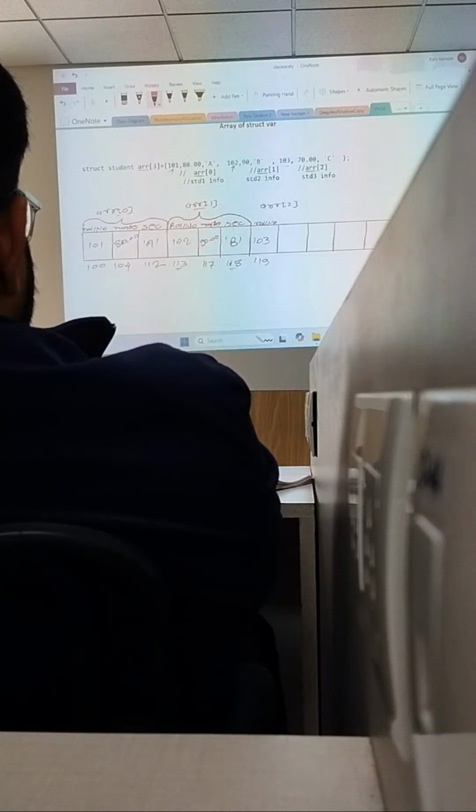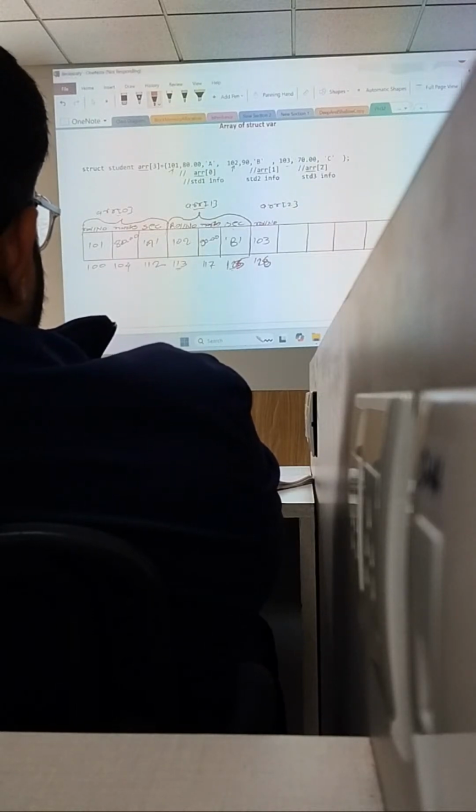Next, 125. Oh, we forgot, it is a double, so 17 plus 8, it is 125. My bad. 125 plus 1, how much will it be? 126. Next is the roll number. The roll number will require 4 bytes, so it is stored at 130.